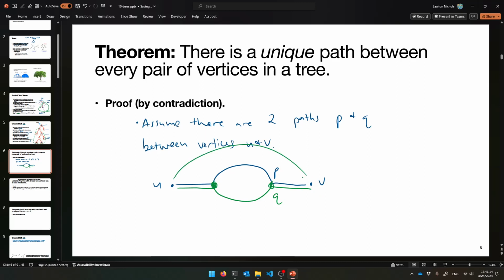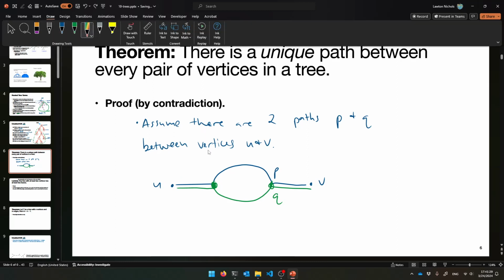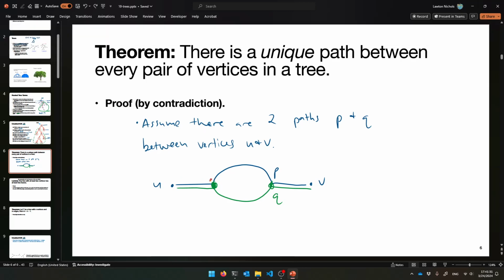It could be at U and V itself, doesn't matter, but somewhere in the middle maybe, or outside, they're going to diverge and then come back together somehow. You see that? That has to happen because they both get from U to V. Imagine you followed these differing pieces of the path. You went this way, and then you went back around this way.